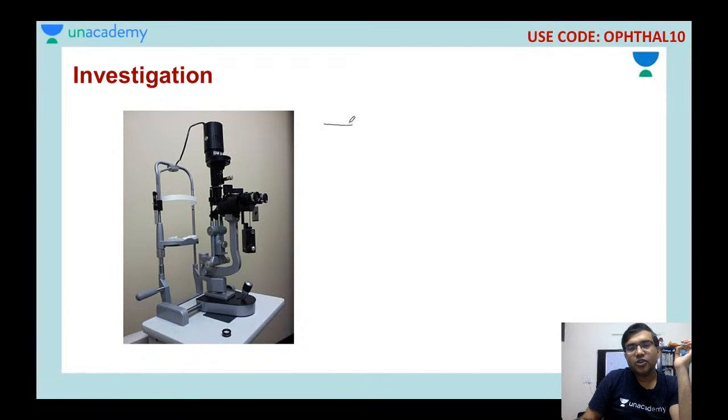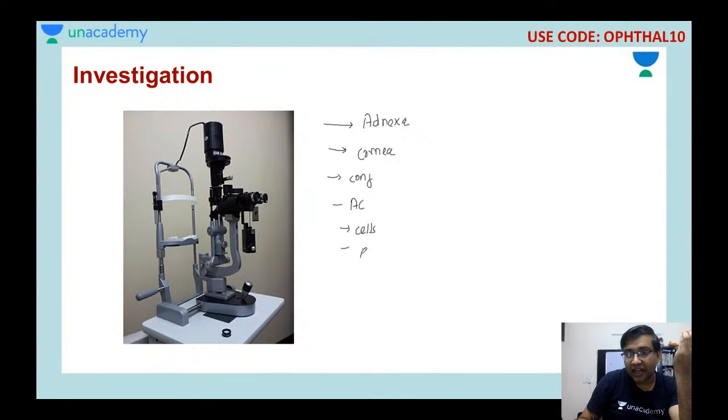Through this, you can see the adnexa, the eyelids, the cornea, the conjunctiva, the anterior chamber, the cells, you can measure the intraocular pressure, and you can also see corneal edema.